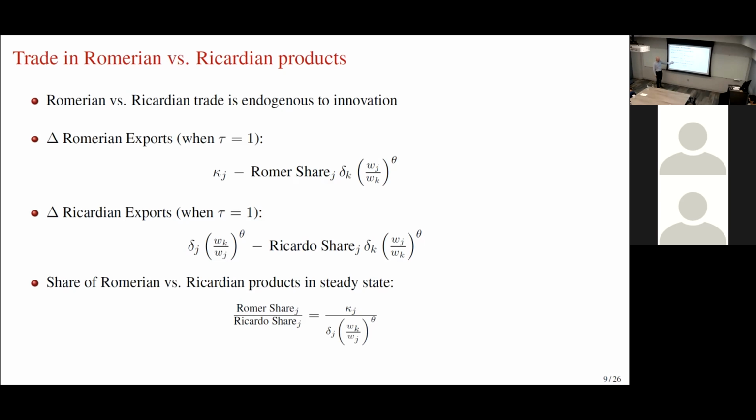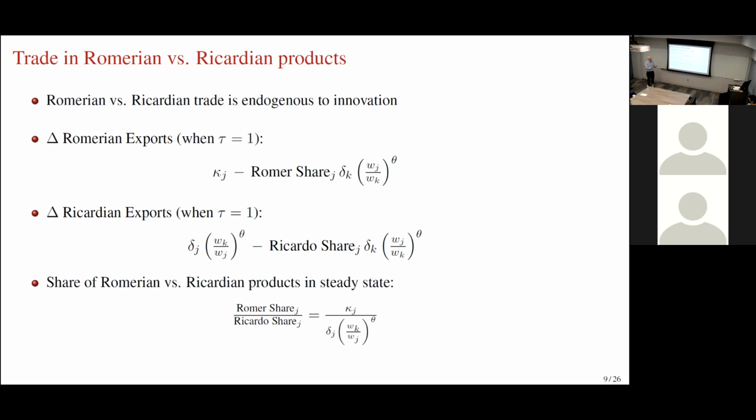So if you take these two cases, the Romer share of your exports divided by the Ricardian share in this two-country no trade cost case has this nice expression: the fraction increases with the arrival rate of your Romerian varieties and decreases with the arrival rate of Ricardian varieties. And there's a wage thing that matters there too.